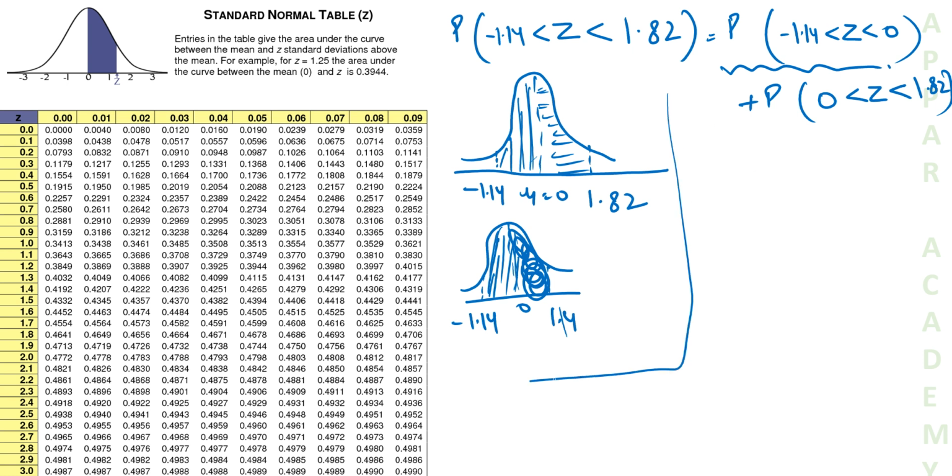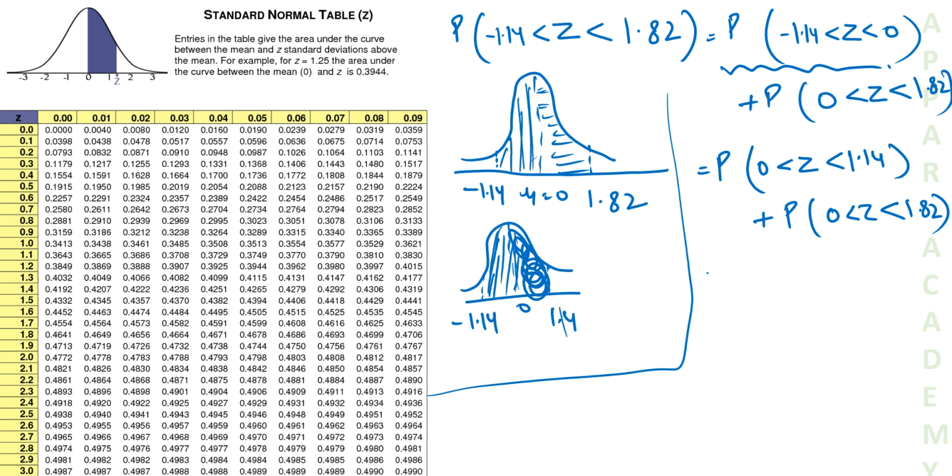So this is equal to the probability that z lies between 0 and 1.14 plus the probability that z lies between 0 and 1.82. We have this in the table.